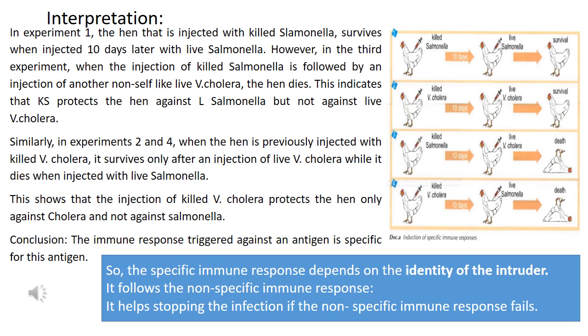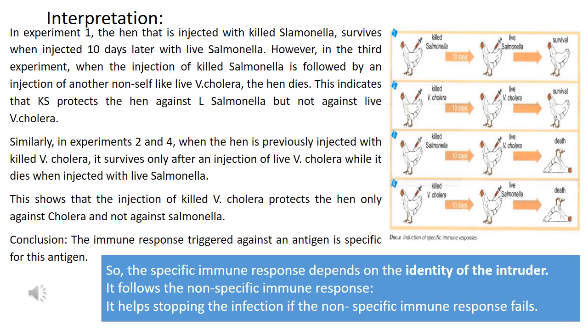For example, if I receive an injection of a weakened influenza virus, then if at a certain time I catch this virus, I will be protected against this virus, but not against another virus.